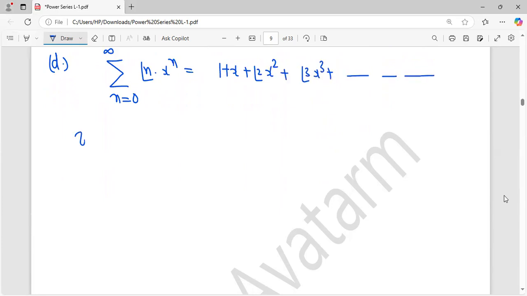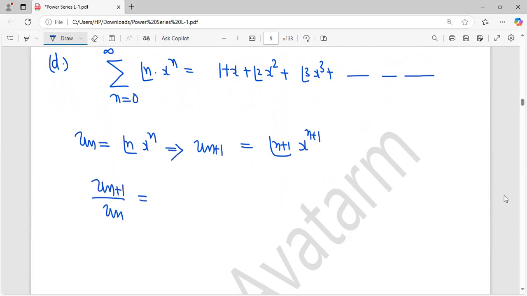This is the same. What is un? Un plus 1 is, so what is un plus 1 upon un? So this is n x.